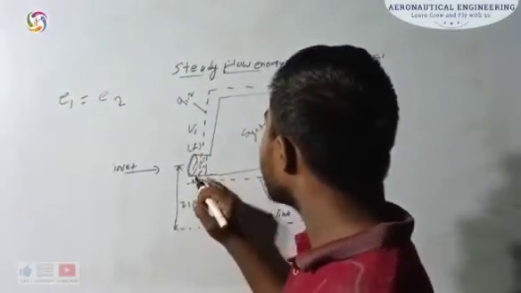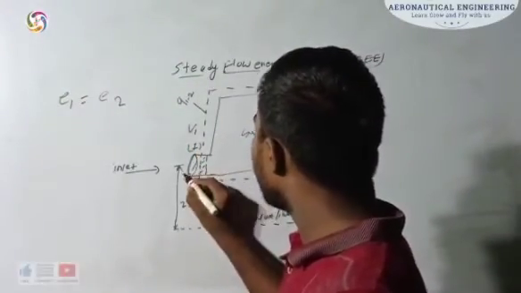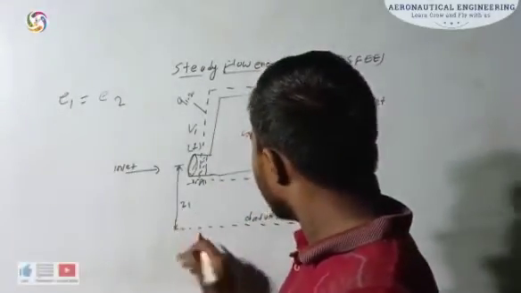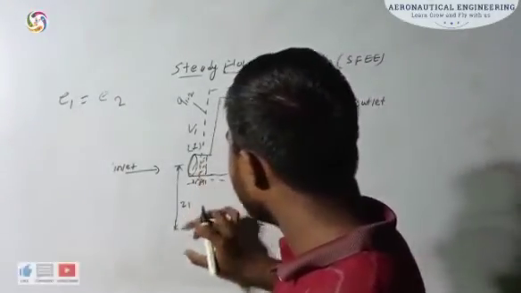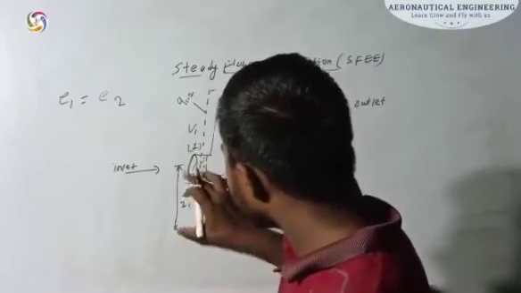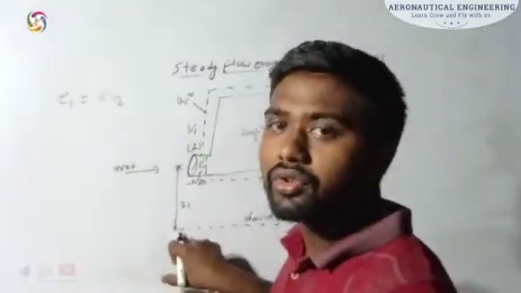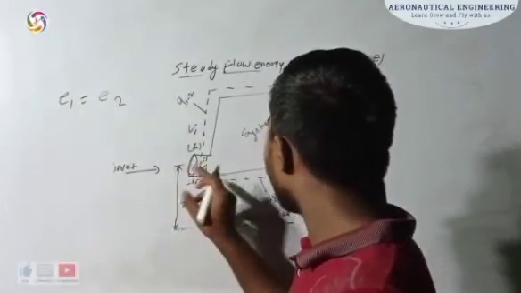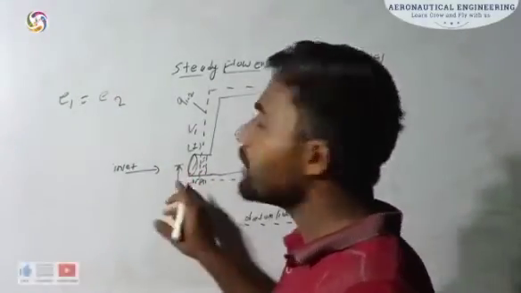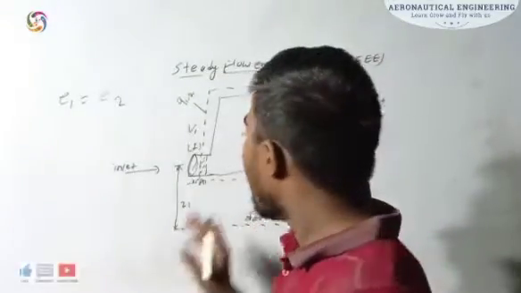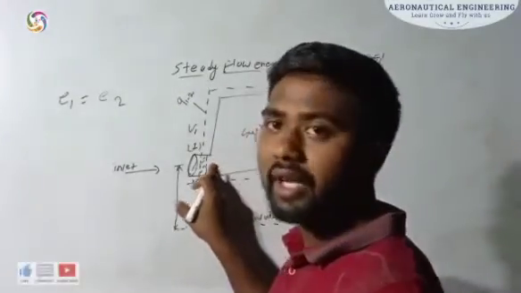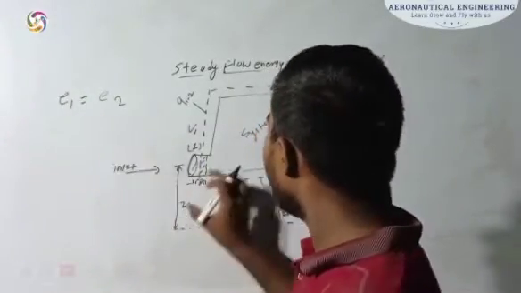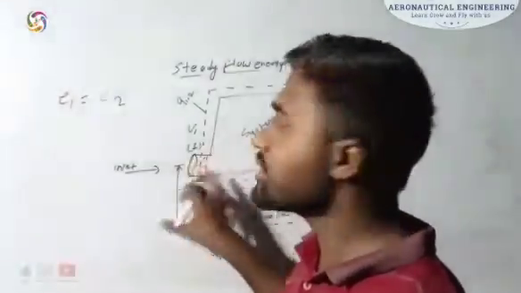So what are the energies available here? Just see, the fluid is flowing, so kinetic energy may be there, and the inlet of the system is at a distance of Z1 from the datum line, so there is potential energy also, and this fluid is flowing from inlet to outlet, so there is flow energy also, and internal energy of the system is there. Similarly, I am going to write all the energy available at the inlet of the system.